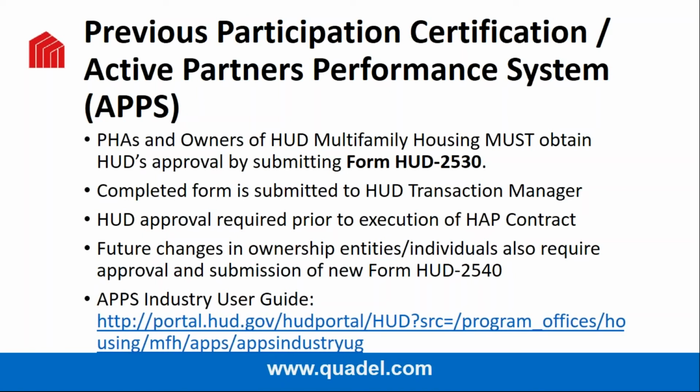The APPS system was effective July 1st, 2006, and the use of this system is required by all participants. There is an APPS industry user guide that we provided a link to here that provides very specific detail and information on how to access the APPS system.